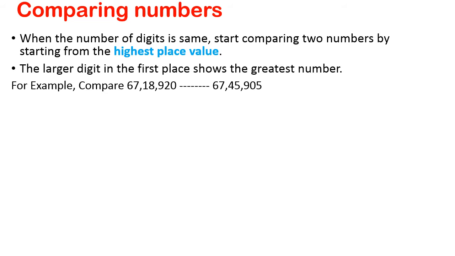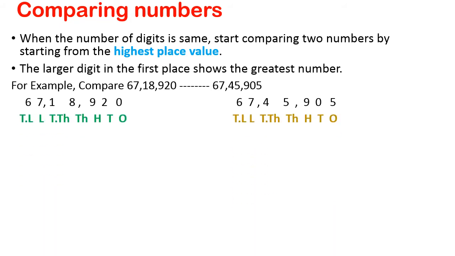So the first step, you have to check whether the number of digits is the same or not. So now we are going to write the place values to find out the number of digits. So ones, tens, hundreds, thousands, ten thousands, lakhs, ten lakhs. So the number of digits is the same. Both numbers have 7 digits.